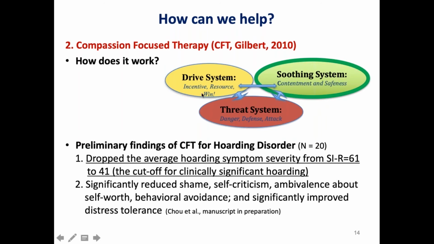There's another system that CFT talks about, the drive system, the yellow circle here. This is the internal state when your focus is on how do I win? How do I obtain more resources? How do I run to the front?